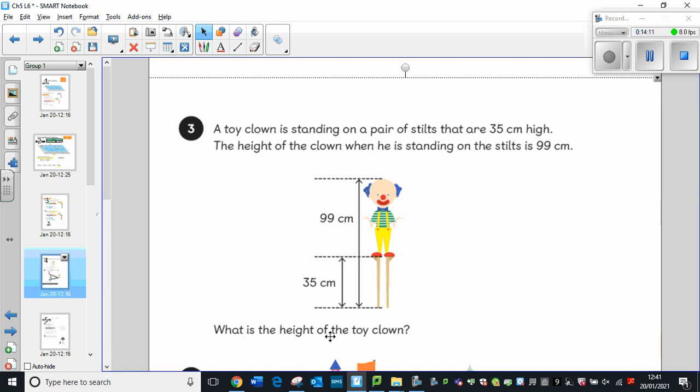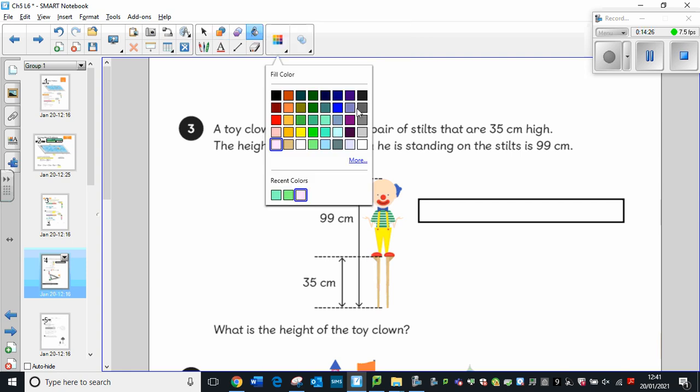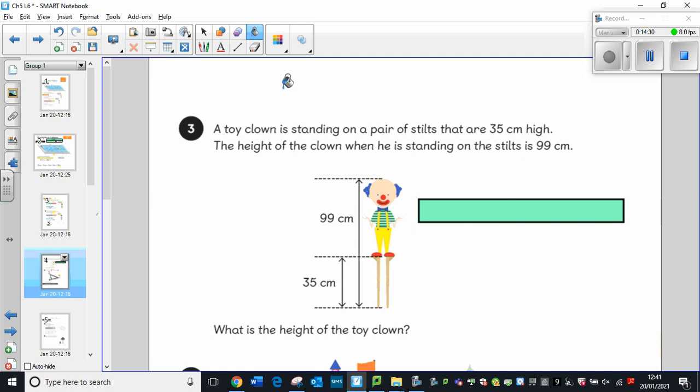Now this question is quite tricky because we've not been given a bar model. So what we'll do is we're going to do the bar model together. Okay? So let's look at showing this. So my first bar I'm going to draw, here we go, is the height of the clown on the stilts. Now, how high was the clown when he was on the stilts?